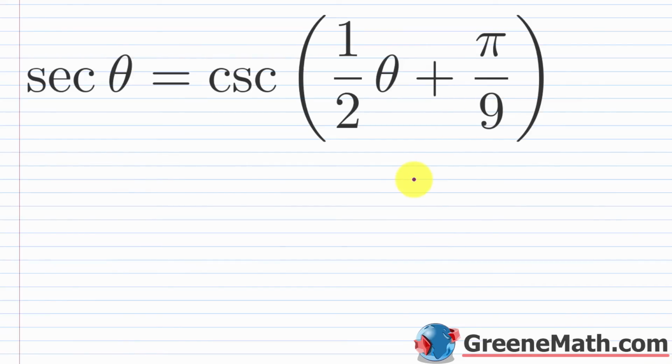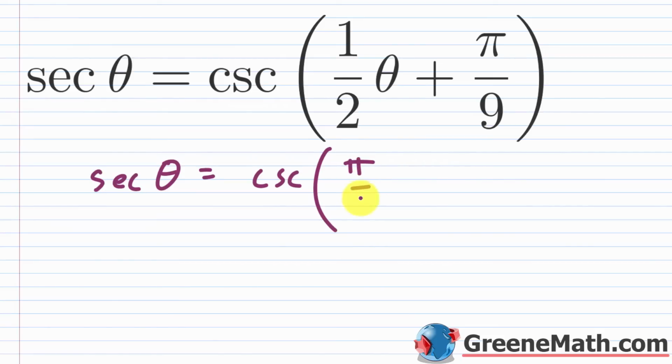Now this is in terms of radians, so let me say that secant and cosecant are cofunctions. So the secant of theta is equal to the cosecant of, instead of 90 degrees, I'll just say pi over 2, because we're working with radians, minus whatever theta is. And let me make the parentheses a little bit bigger there. Okay, so I'm going to replace this with this, so I can set the angle measures equal.